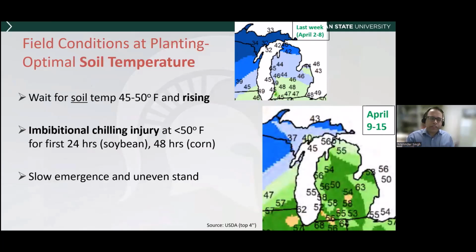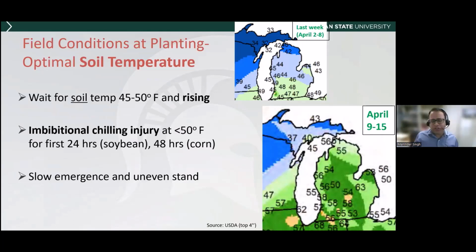The second important aspect is optimal soil temperature. The key here is the soil temperature, not the air temperature, because the seed is in the ground at this point. We have had this rule of thumb: start planting only when it's 50 degrees and rising.